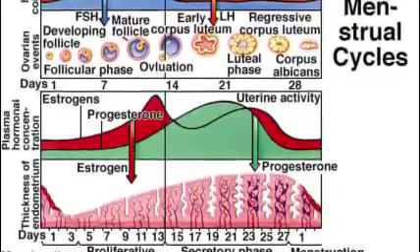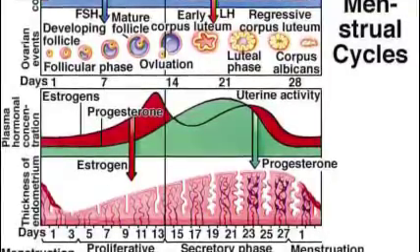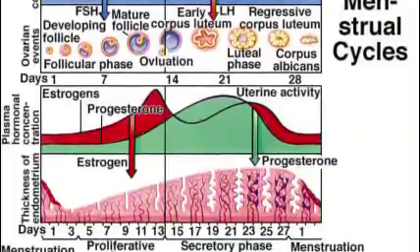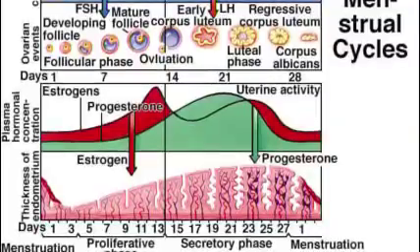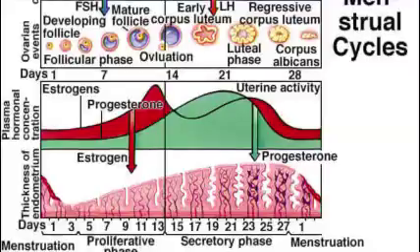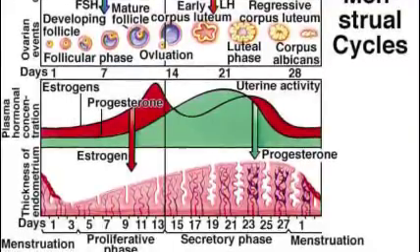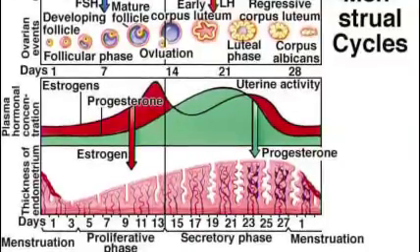When the corpus luteum ceases to function, concentrations of estrogens and progesterone decline rapidly, and blood vessels in the endometrium constrict. This reduces the supply of oxygen and nutrients to the thickened uterine lining, and the lining tissues soon disintegrate and slough off.